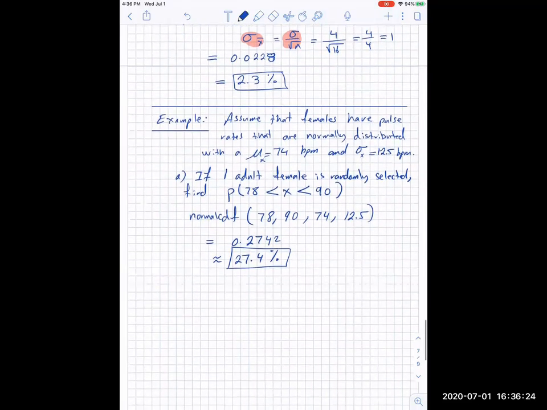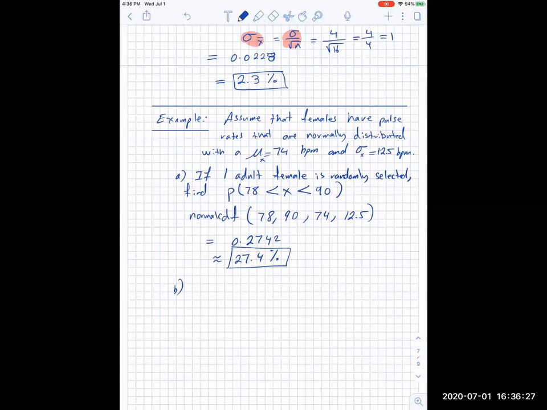Okay, now, if 16 adult females are randomly selected, find the probability that these 16 have a pulse rate with a mean X bar greater than 78 and less than 90.